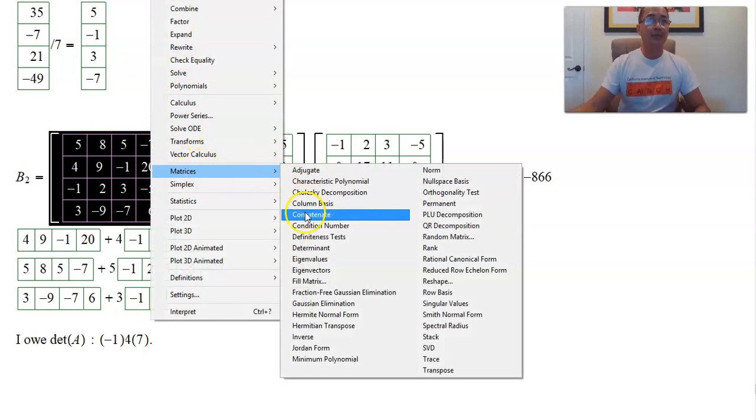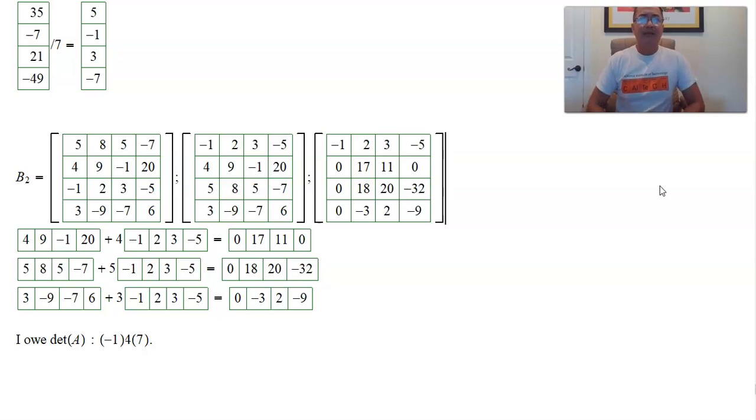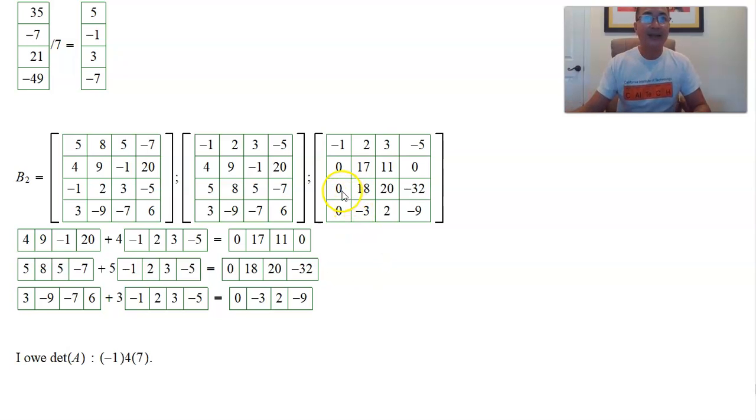Compute matrices determinant, and yep, it was positive 866. Excellent. So now, anything we can scale, yeah, I guess we can divide by 2 over here. Oh, but wait a minute. We have an 18 there. So let's do another type 3 row operation. Whew, I did not see that coming.